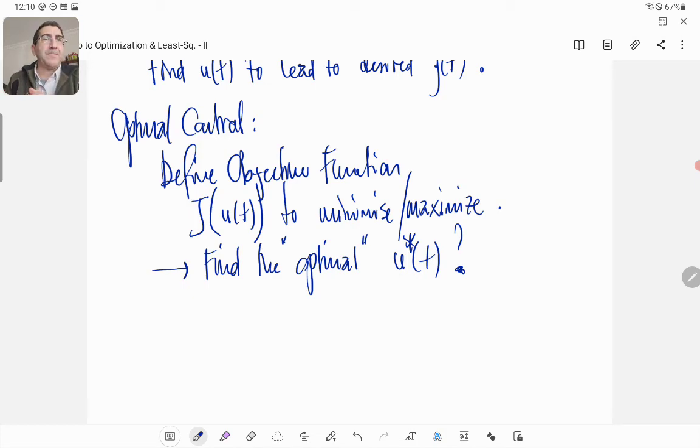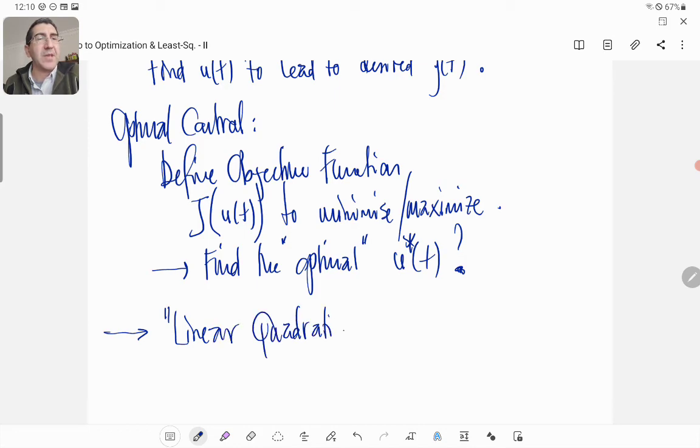The reason we covered an introduction to optimization is that it's going to lead us to the so-called linear quadratic regulator in the coming weeks, which will precisely do that.